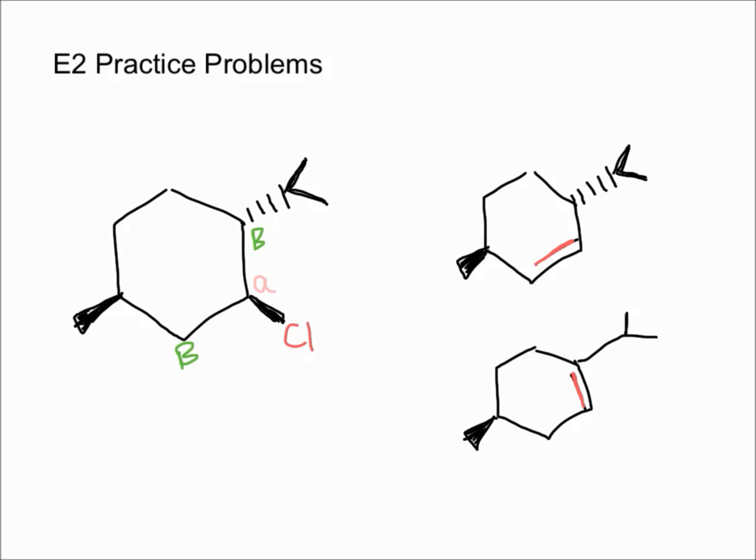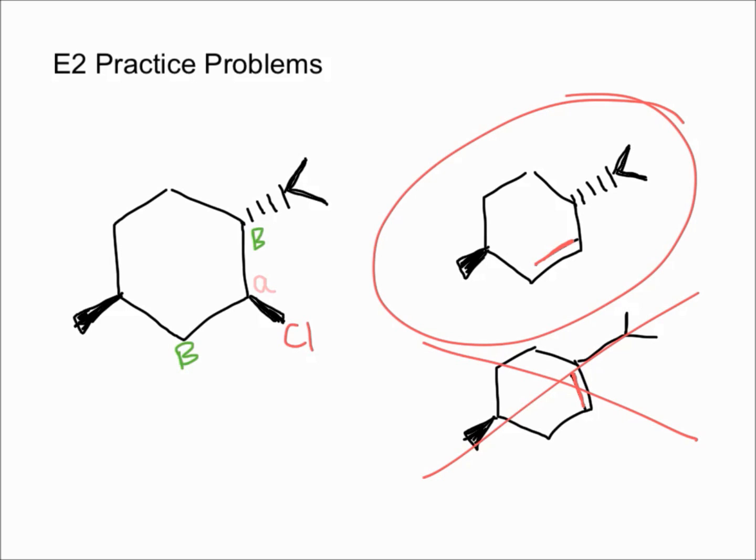As a result, this product down here would not form. So this would be the correct product and the only product that could form from this E2 reaction. Once again, if you have a model kit, it would help to make a ring and put it in its most stable conformation to help you visualize this.